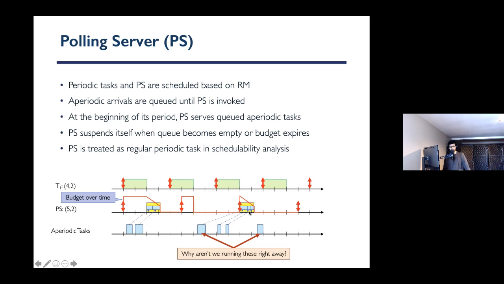So it was scheduled in the next period. Now, if I get a lot of tasks, then my PS can only have a certain budget. So if the budget reaches 0 and I still have tasks, then those tasks would go for the next period, right? So the PS can only run as long as it has budget. The budget gets 0, I can't run anymore.